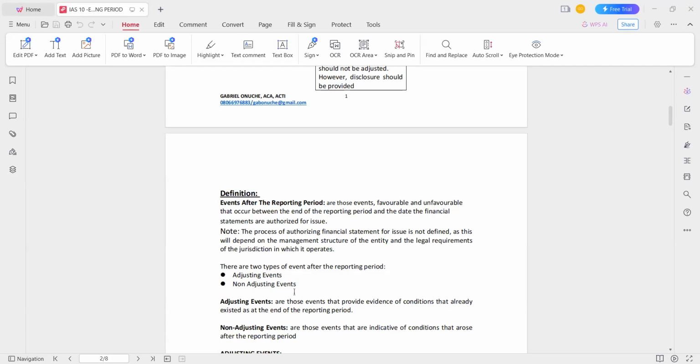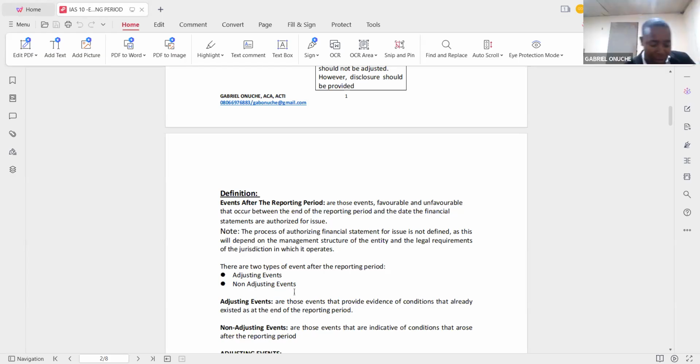Yes, Kama. Is there any time limit by Kama that by such and such a time, we can rely on it, that if so and so event should happen, this is what we classify as an event after the reporting period?